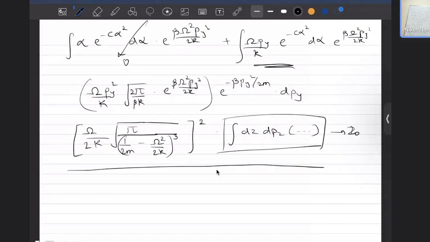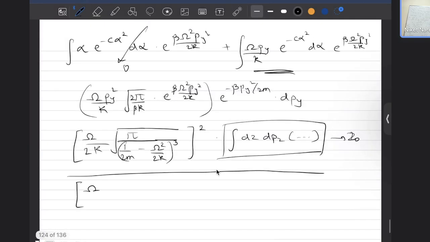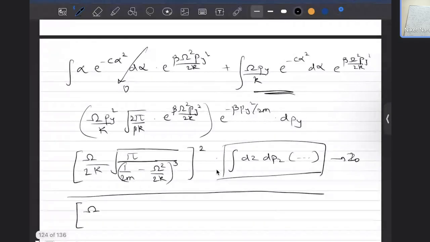Even in the Z part, that will be isolated. So I need not bother about it. And here in the Z part, what I get is, okay, why did I miss out on that? Square root of 2 pi by beta k is also there.